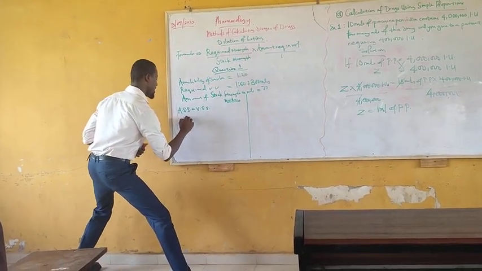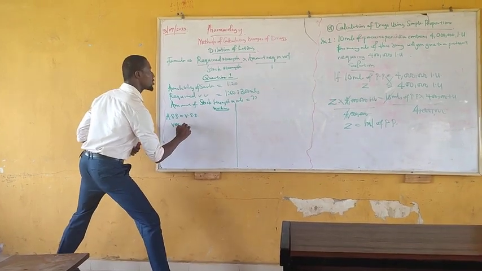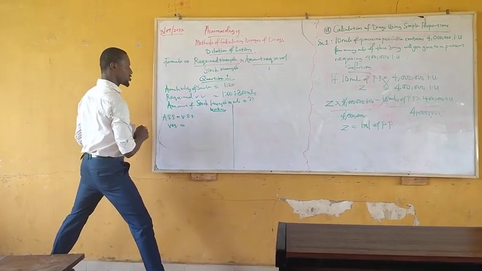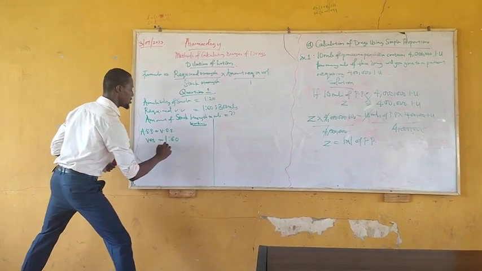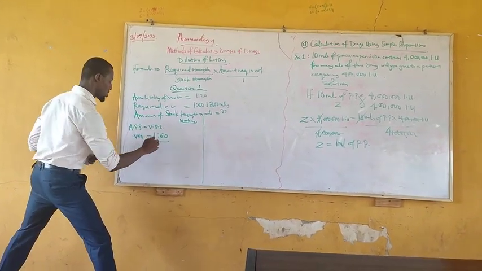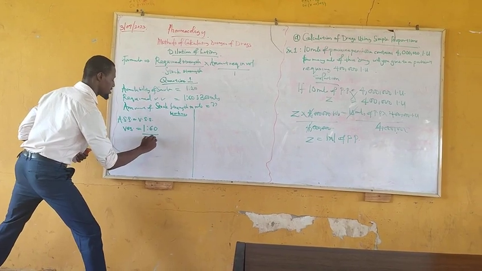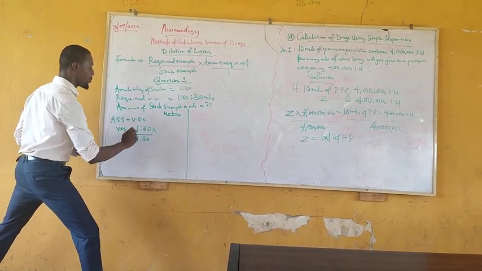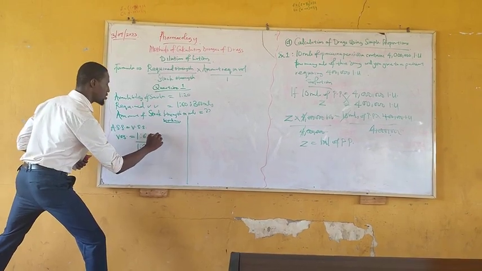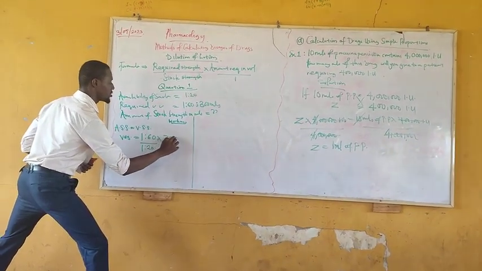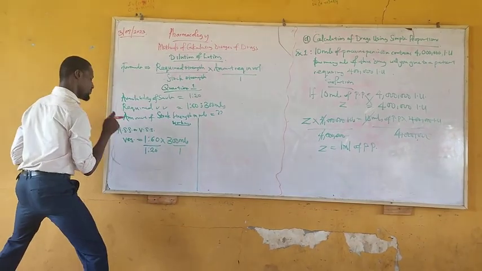VSS equals what? The required strength, 1:60, over the stock strength, 1:20, times the amount required, or the volume that we're going to make, 300 mils over 1.